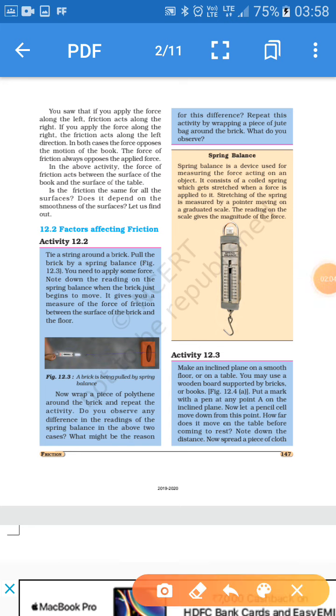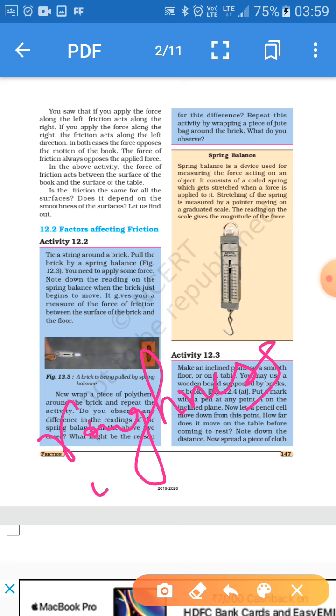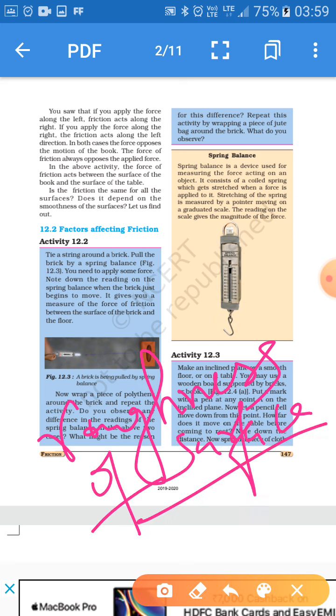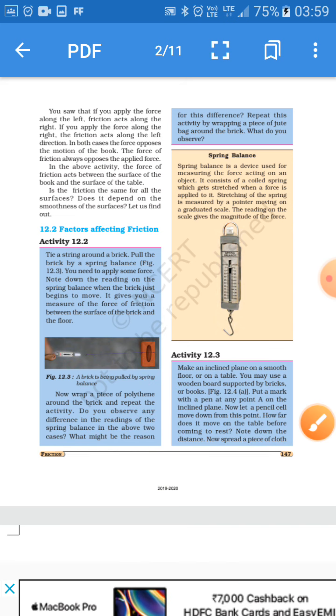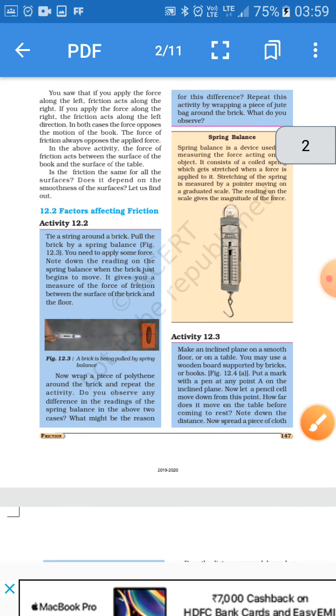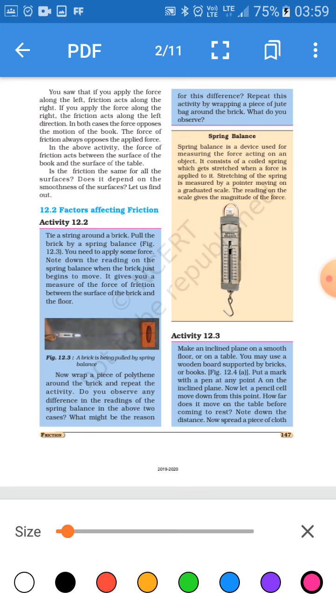Now the factor on which the frictional force depends is the roughness of the surface. You can see this with the help of the example here, where you have to use the spring balance and pull the brick.